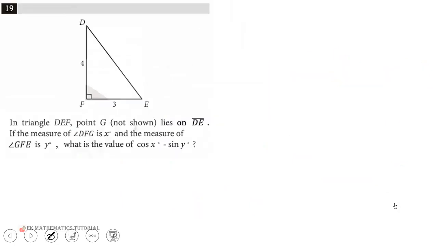Let's do question number 19. In the triangle DEF, point G, not drawn, not shown, lies on DE. So point G lies along this line.